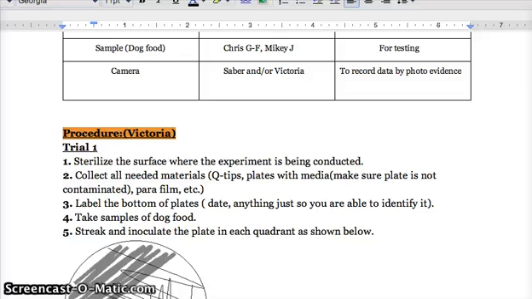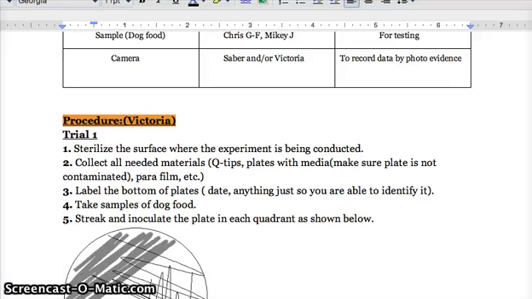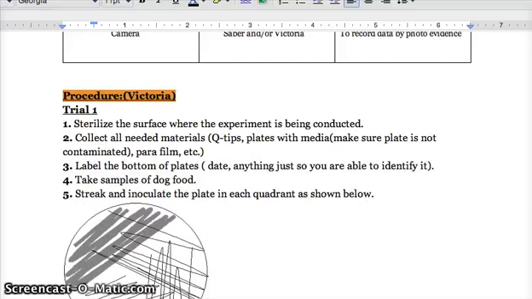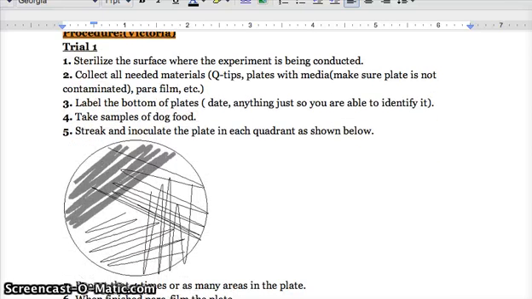Okay, so our procedure is to sterilize the surface, and then we collect all the materials: Q-tips, plates with media. We have to make sure the plate's not contaminated or that ruins our experiment. Parafilm, etc. We need to label the plates on the bottom with the date, anything to identify it.